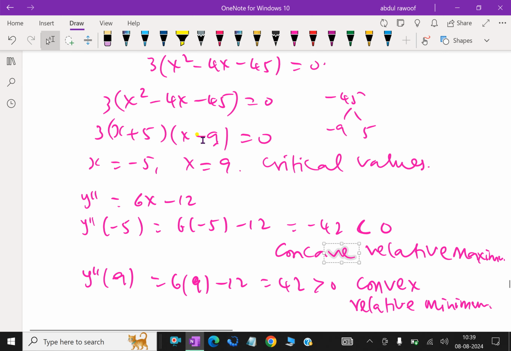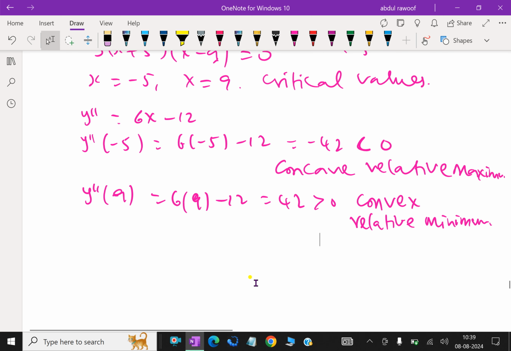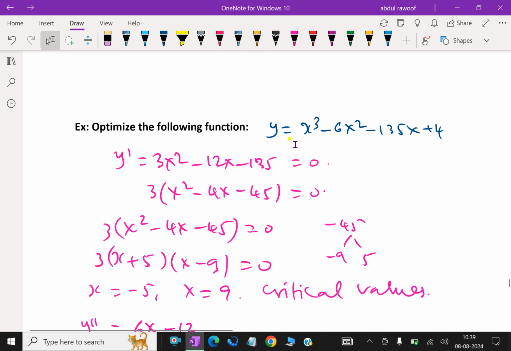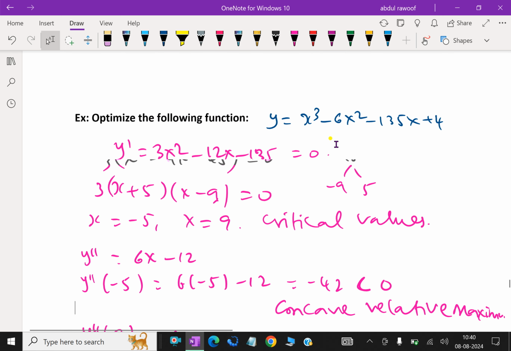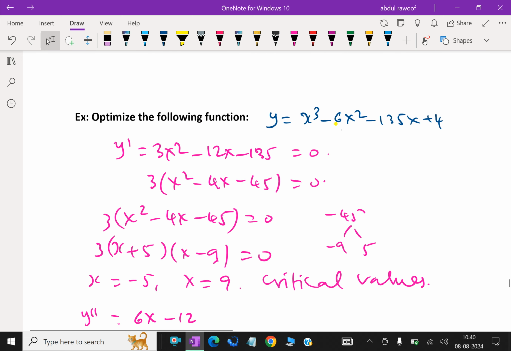Optimize means we have to use this maximum value, therefore here x equal to minus 5. We have to use the original equation, that is y equal to x cube minus 6x squared minus 135x plus 4.